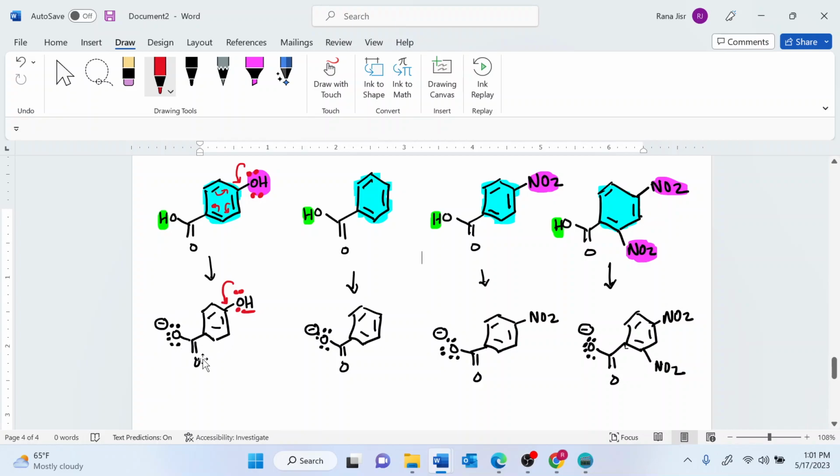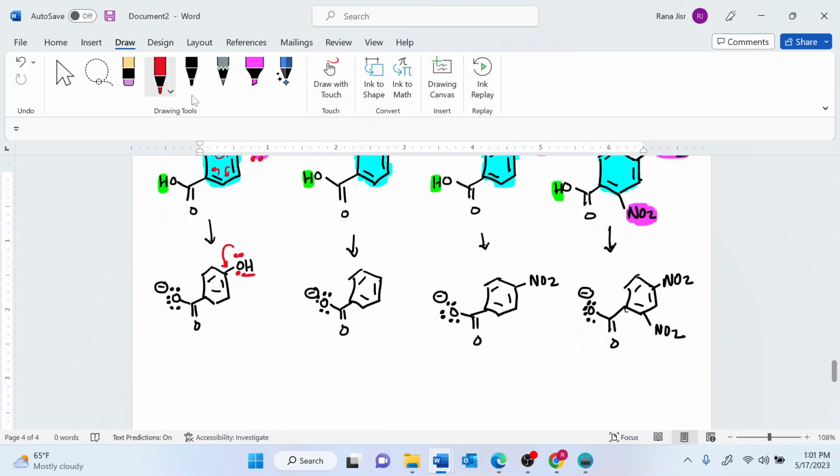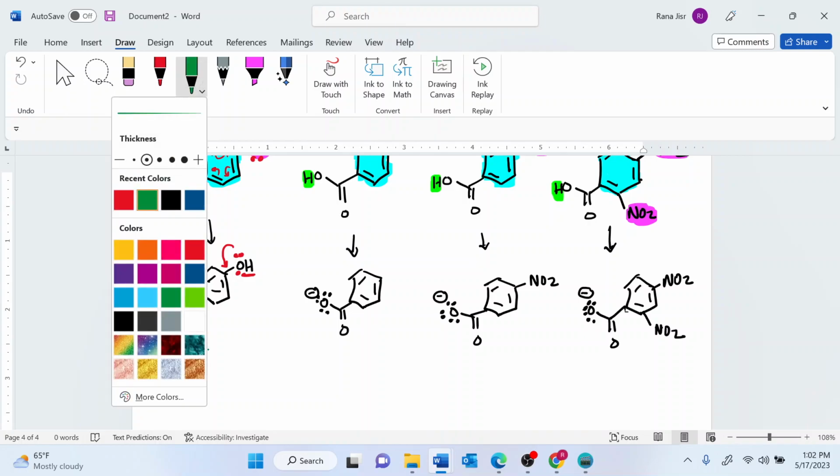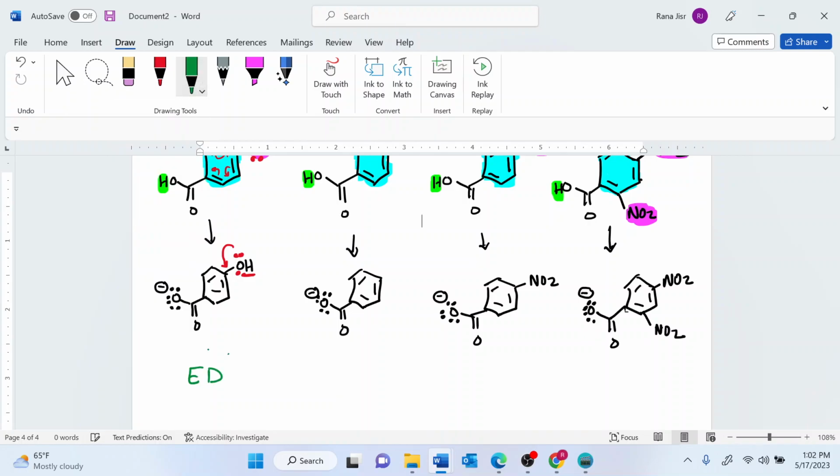So that is going to decrease the stability of the conjugate base, and it's going to make the acid less acidic. So by definition, electron donating groups decrease the acidity.